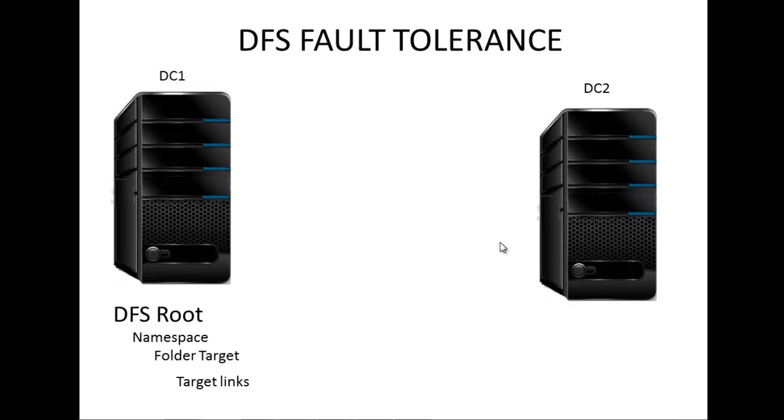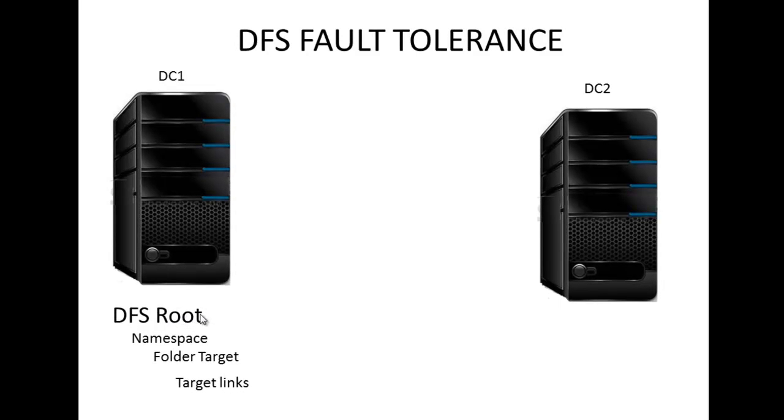Let us first examine the multiple root target scenario. Here on our left, we have DC1, and on DC1, we have DFS namespace and replication installed. Once we install the DFS namespace, and we create a namespace on the server, we will see that there is a DFS root.